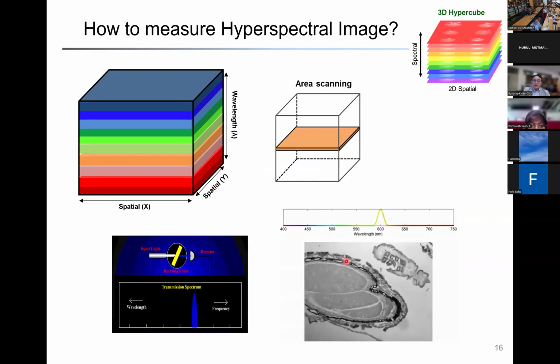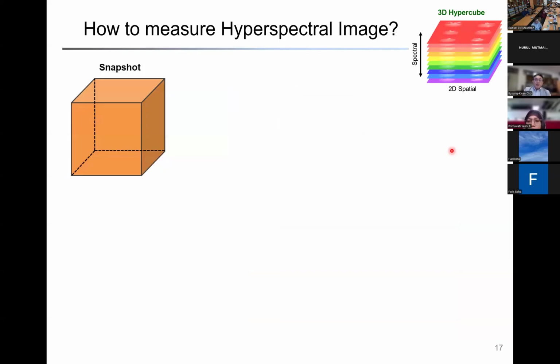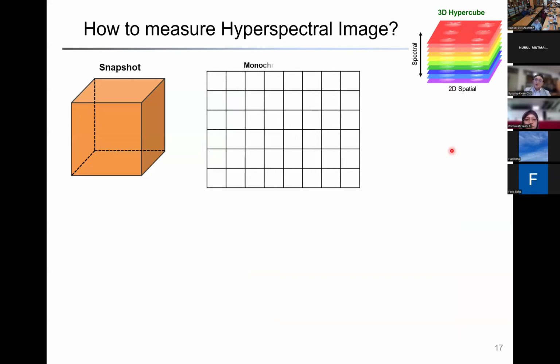For example, this is a hyperspectral tunable filter microscope. Each wavelength shows different intensity, so by using a tunable filter, like area scanning, you can make hyperspectral images. That is also good.